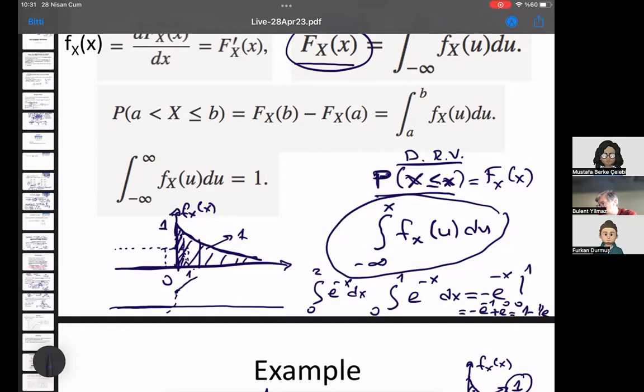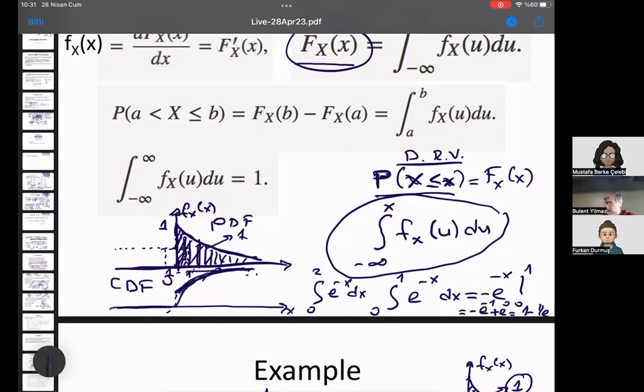And then my CDF will add up and come back to 1. The area under this curve will increase as I go further, and it will reach 1 at infinity. Okay, this is the CDF. This is the PDF of a continuous random variable. Is that clear, guys?